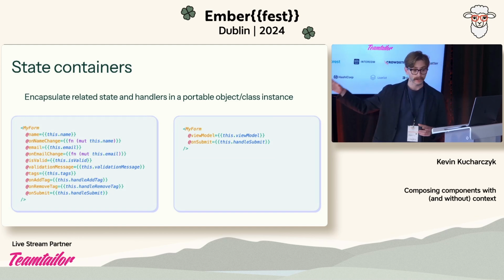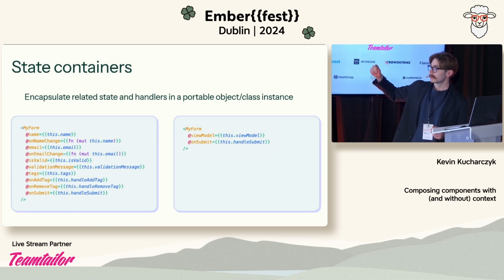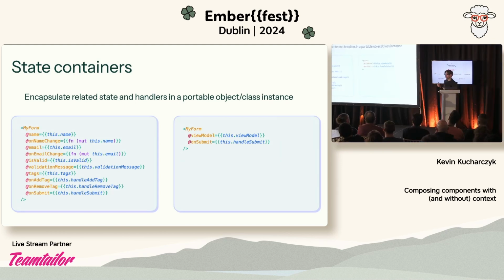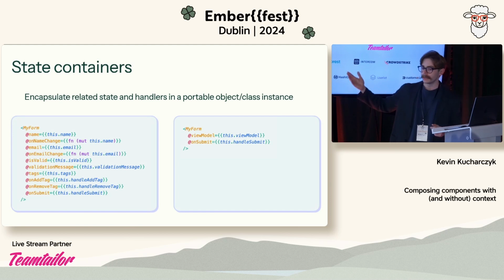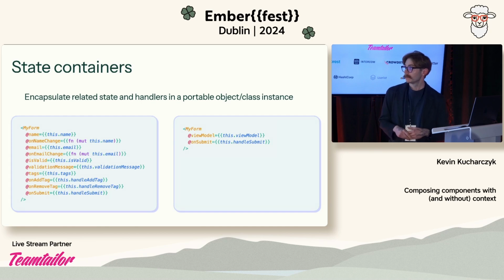And then instead of all these arguments, we pass in that one, here it's called view model, this container, which is then easier to pass through all the layers. It's still prop drilling, but we've reduced 20 arguments into one, which is easier to maintain in your code because you don't have massive templates that just repeat arguments over and over. And this view model here could also just be an embed model where you also add a couple of extra methods or properties for handling that business logic within your form.